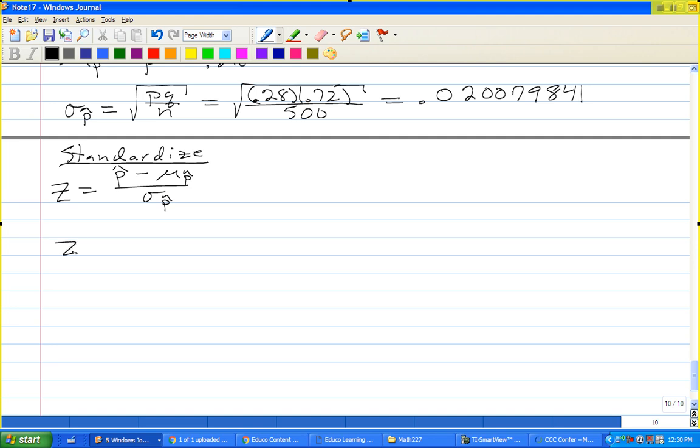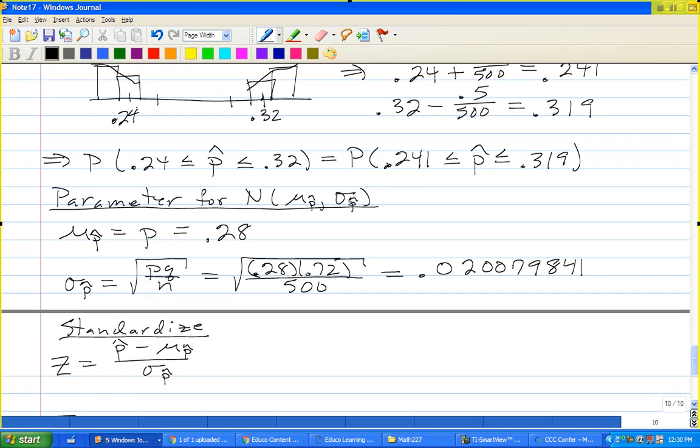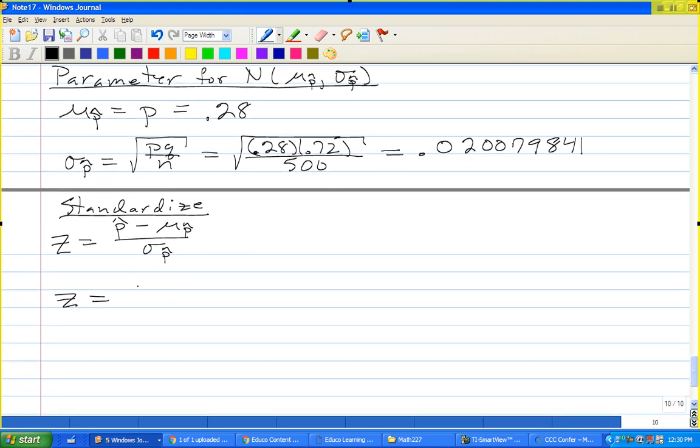And so z is equal to 0.241 minus 0.28 over 0.020079841.